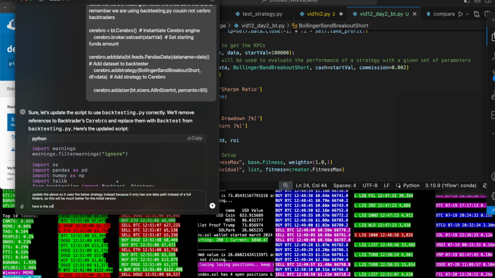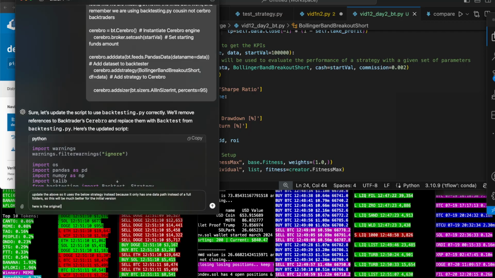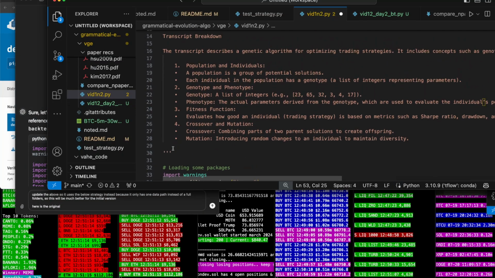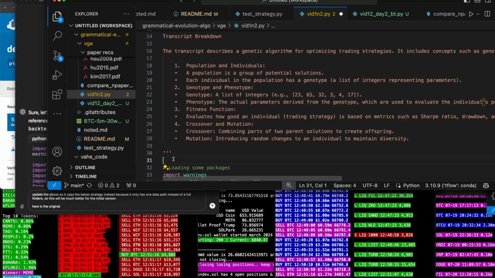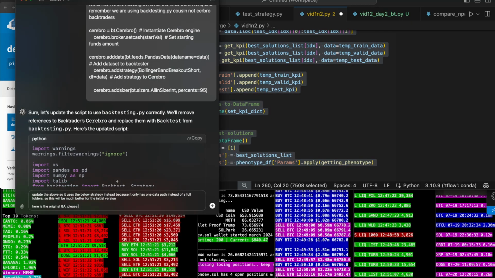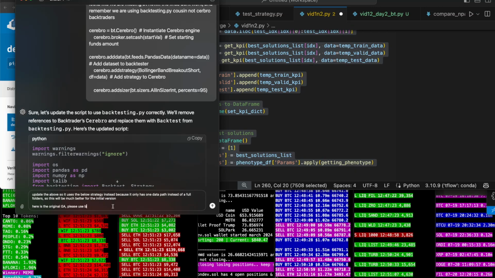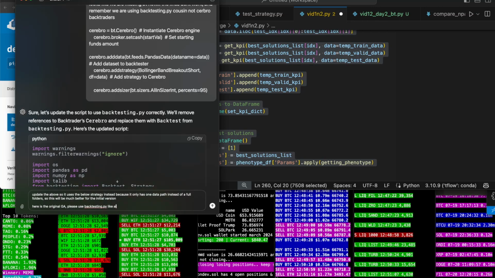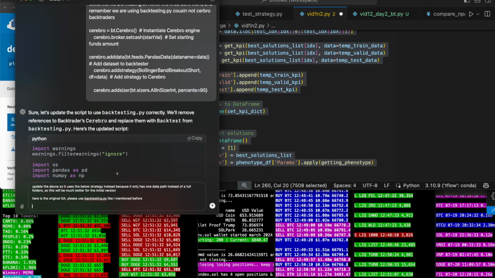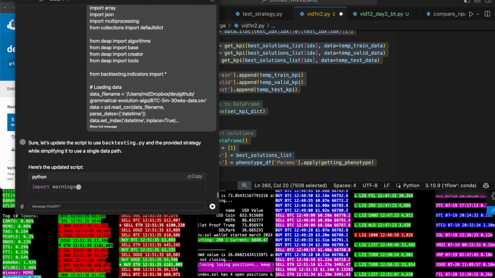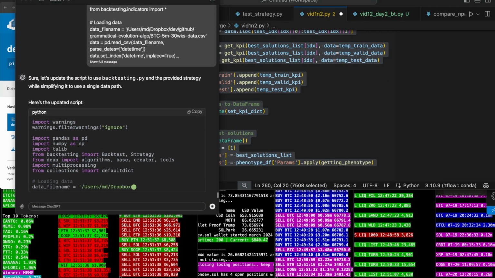Here is the original GA. Please use backtesting.py like I mentioned before. Please, please, please, love you. Maybe run multiples.